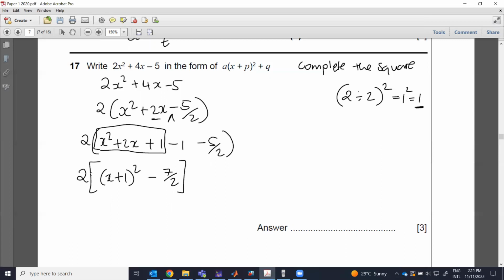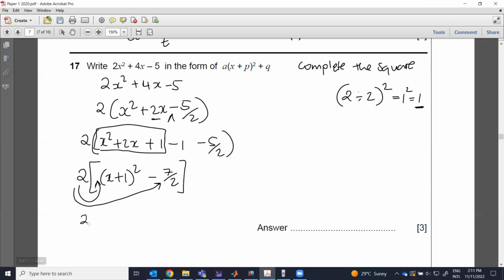Okay, then what you do is you take this number that is outside and you multiply it inside the square brackets, not inside the round brackets. It's one bracket at a time. So you'll multiply it here outside the round brackets, not inside the round brackets. And then you also multiply it with this number over there.